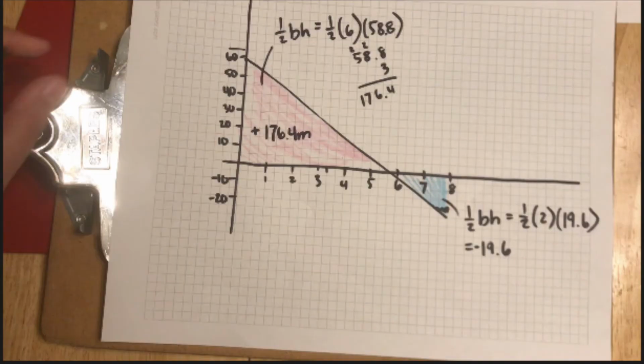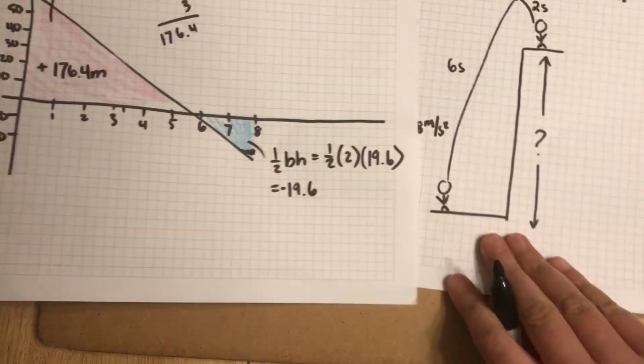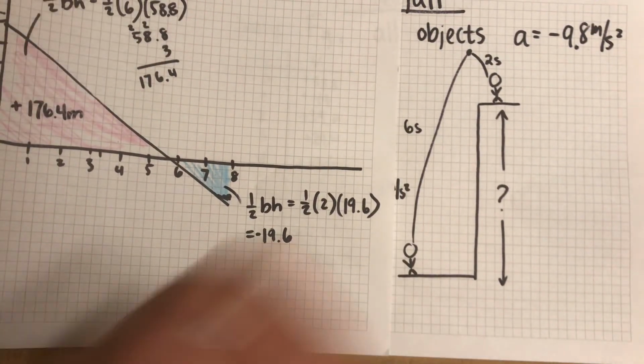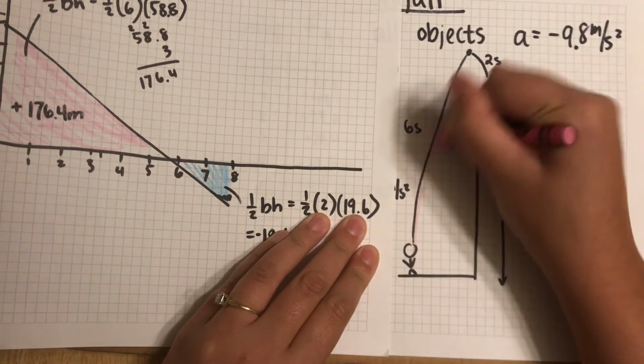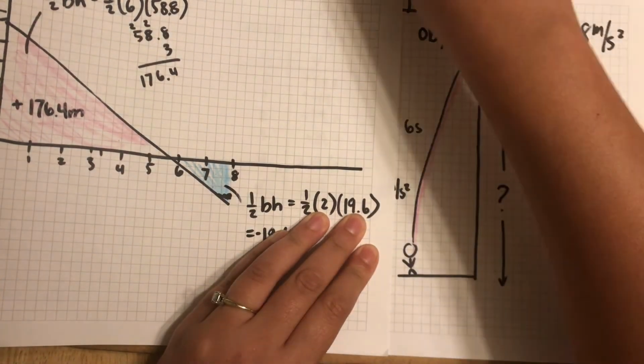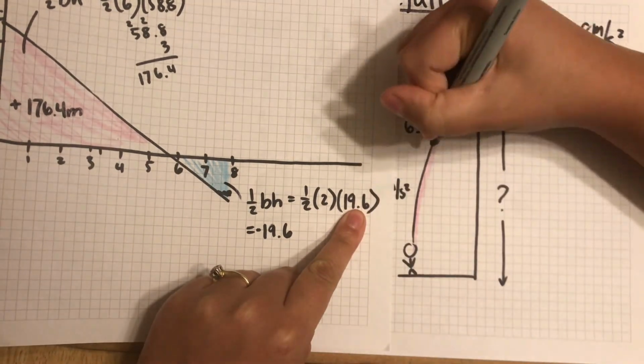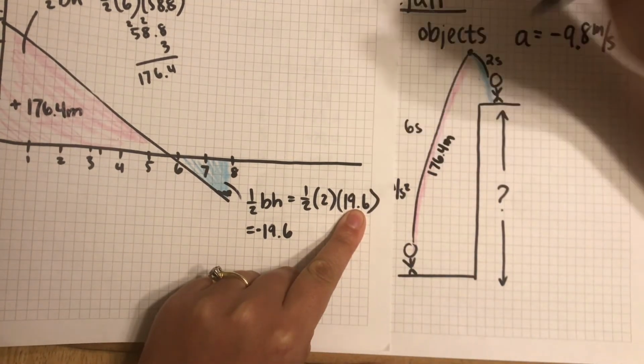So all in all, we see that it moved 176.4 meters upwards, stopped at 6 seconds, and then moved 19.6 meters downward. Seeing this side by side with the building, we see that if it travels 176.4 meters upward, then falls 19.6 meters downward, the final height of the building can be found by subtraction.